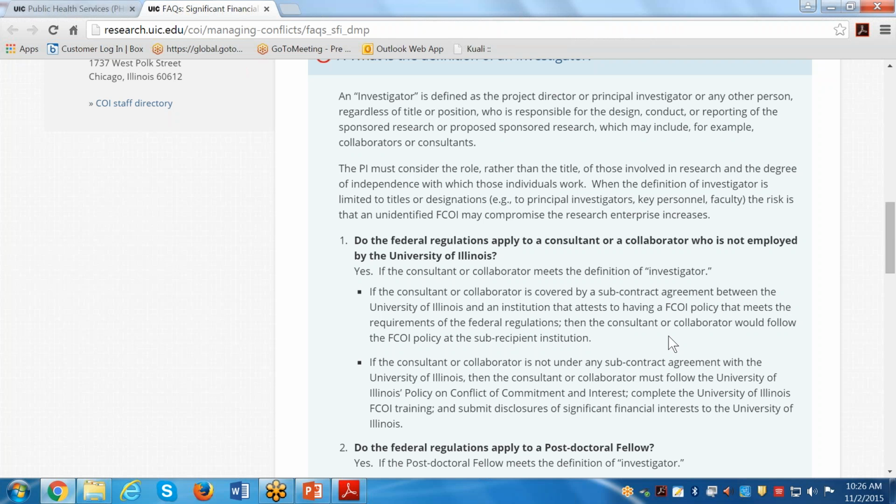It includes anyone responsible for design, conduct, and reporting of the research, and that could include a collaborator or consultant. And then we've provided some additional guidance. You really want to think about the role that person has and make sure you're not stuck on the title or the designation of that role, but really on the function of what that person does in the research.